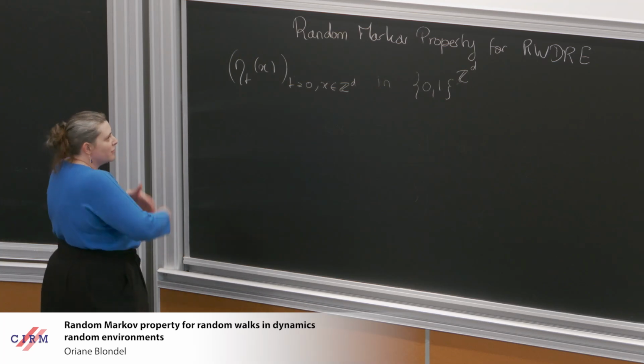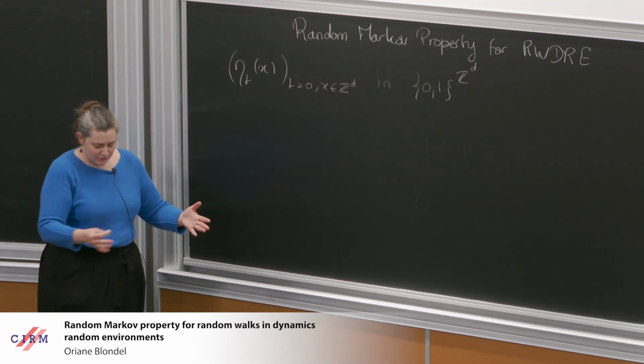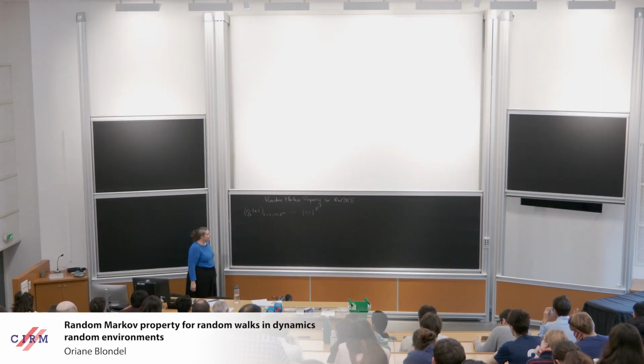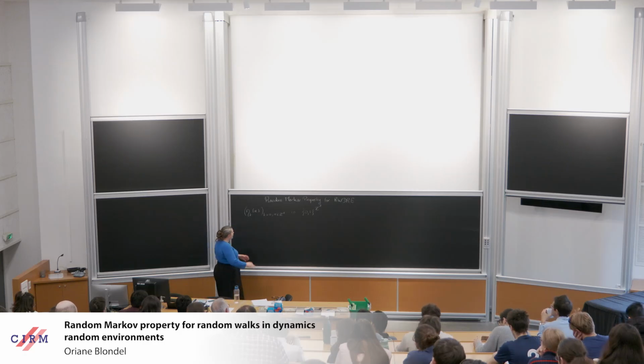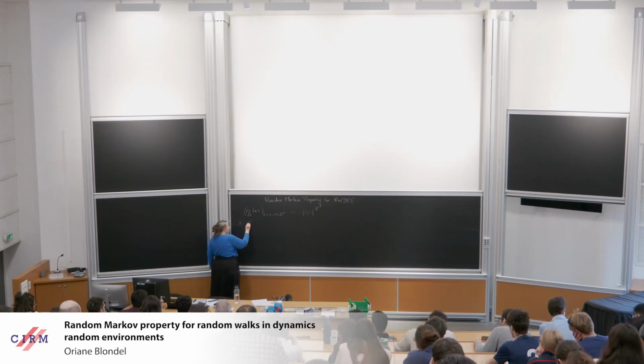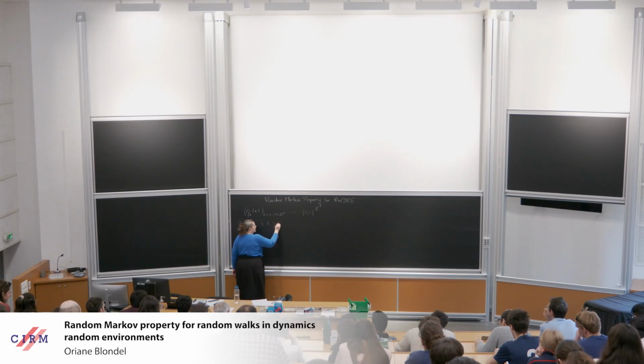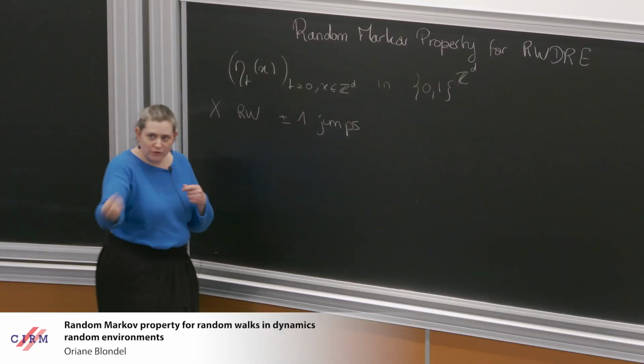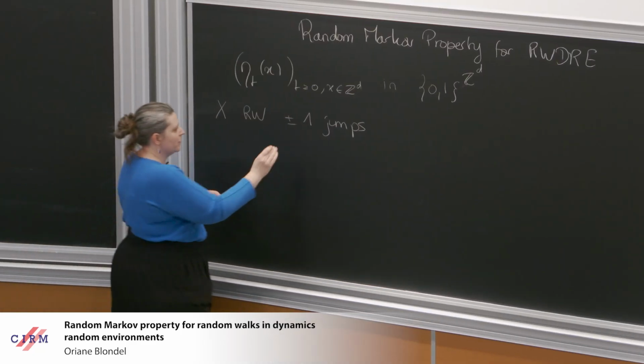And on top of that, this is an autonomous random environment defined by itself. And on top of that, you have your random walk, and the random walk makes plus or minus 1 jumps.